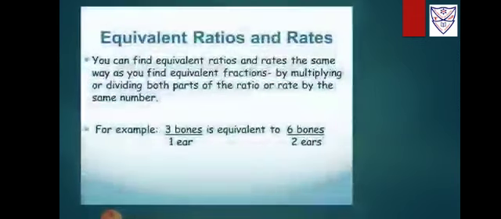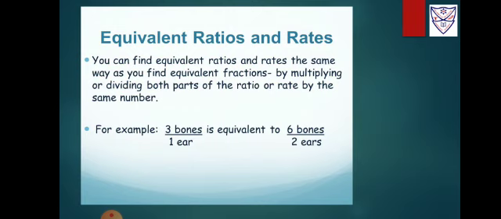Now let us understand about equivalent ratios and rates. You can find equivalent ratios and rates the same way as you find equivalent fractions. So what were we doing while finding equivalent fractions? We were multiplying or dividing both parts. So here also we will multiply or divide both parts of the ratio by the same number.